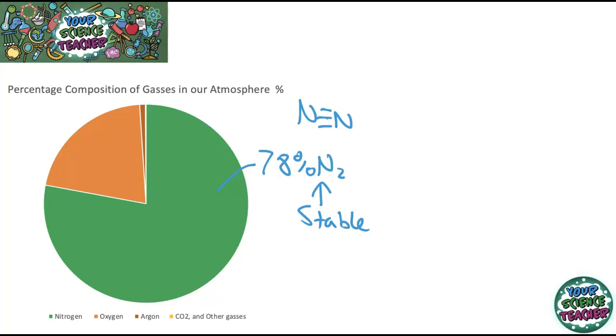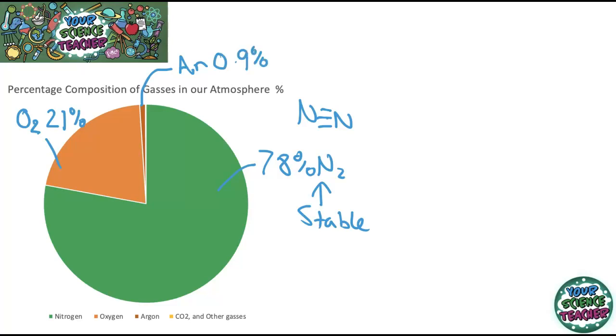Then if we look at the next largest wedge, we have oxygen. Oxygen is obviously vital for life on Earth, and it makes up 21% of the atmosphere. The next one often surprises people as well. The next largest is argon, which makes up around 0.9% of the atmosphere.